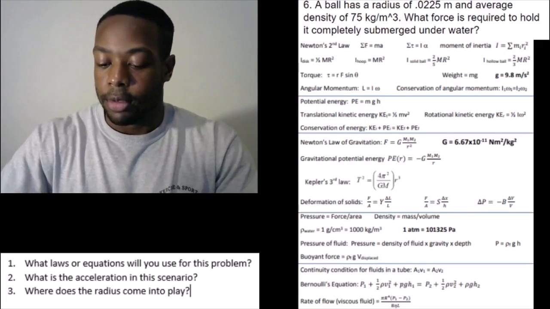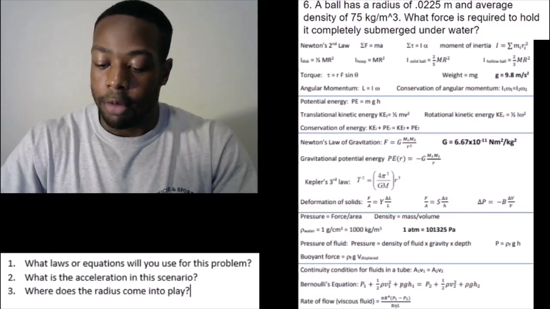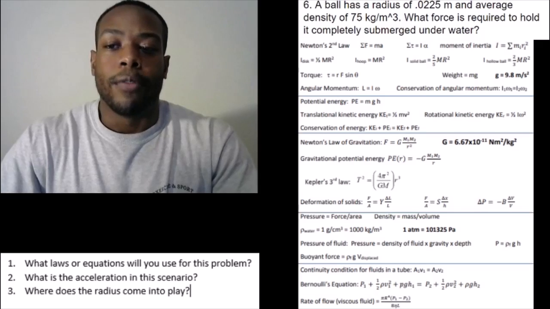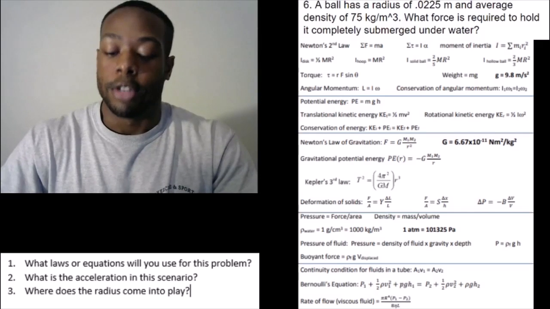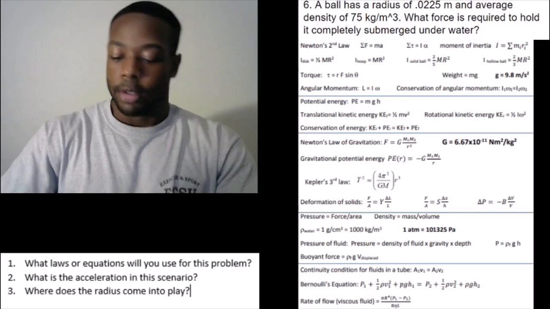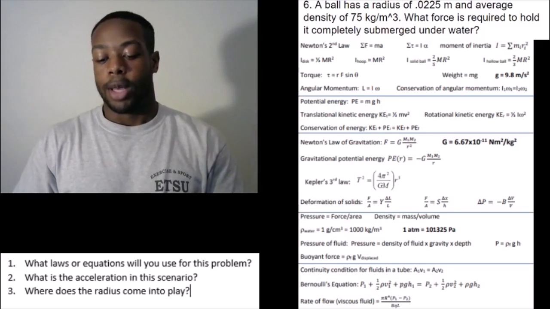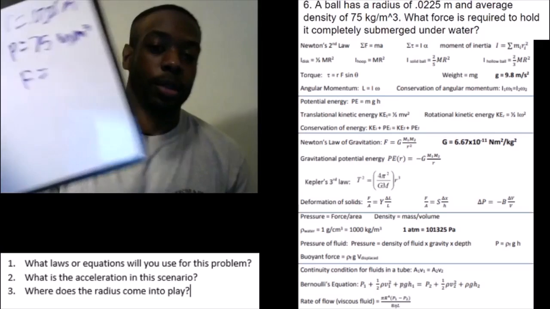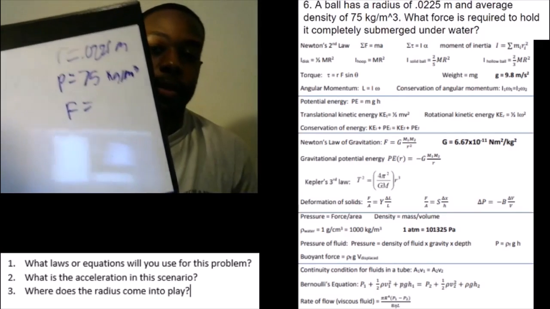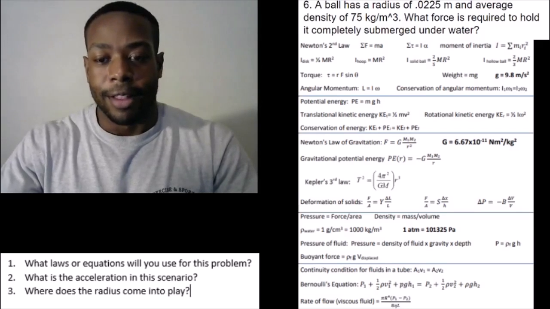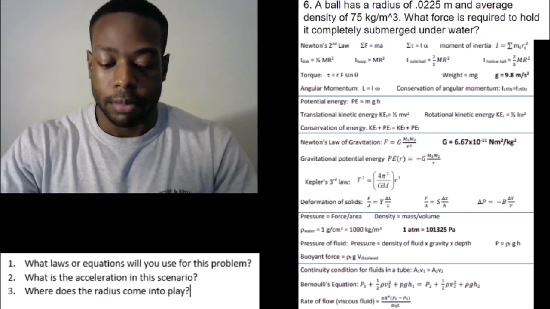So got that, and that should be on your formula sheet as far as the variable. You want to know what force is required to hold it completely submerged underwater. So, of course, you're taking your time to write out what you know and what you're looking for. And of course, there's more on your formula sheet. You'll see you have a lot of it on this problem.